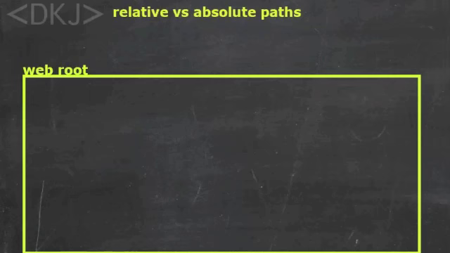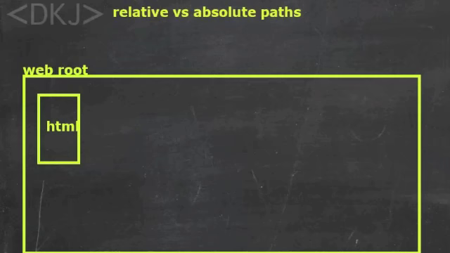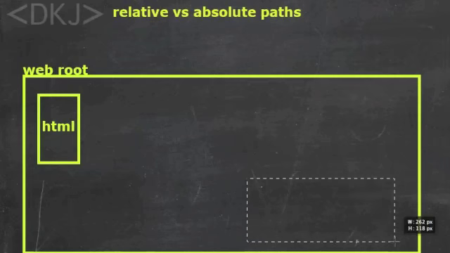I'm just going to draw one here, and I'm going to put inside here HTML. So this HTML file is going to display the picture of a cat. You're going to see as you watch more of these videos that I tend to like using cats as examples. So this is my HTML file, and on here is going to be a picture of a cat.